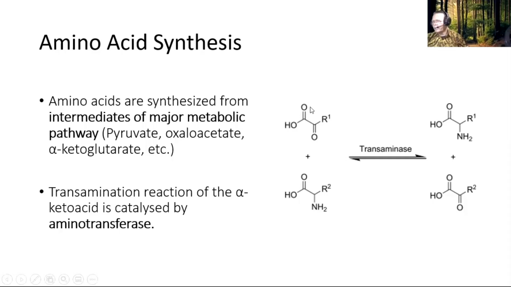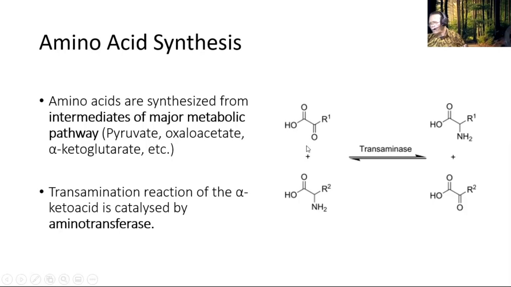We have two molecules here. Then these molecules will convert into two new molecules by the catalysis of transaminase. Let's see this one. This is a ketone.